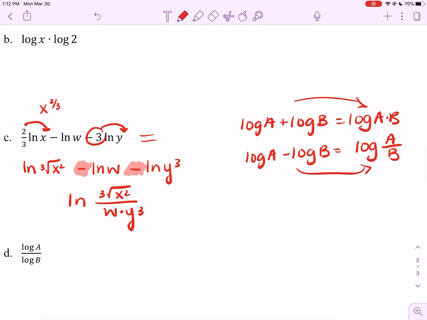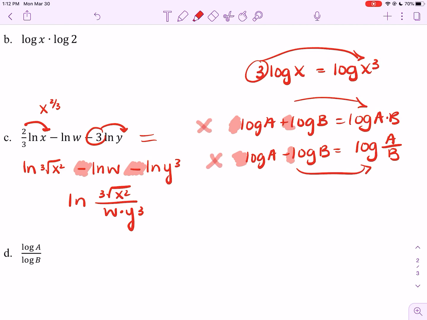Just remember, before you use either of those rules, if you have an exponent or a coefficient in front, you have to convert that back to an exponent before you can use any of these rules, because notice there's nothing in front, or a coefficient of 1 in front of all of those terms. So we can't use these rules unless there's no number in front of them, which is why we must do this first. Hope this helps, Andrew.